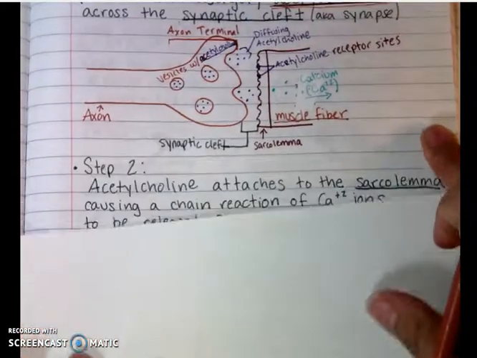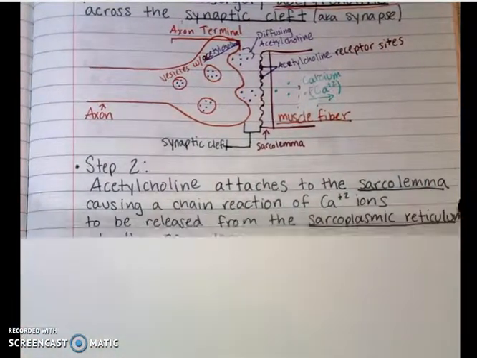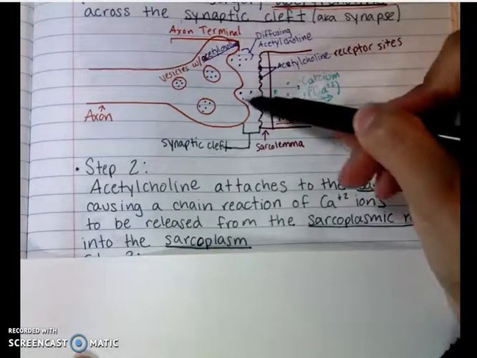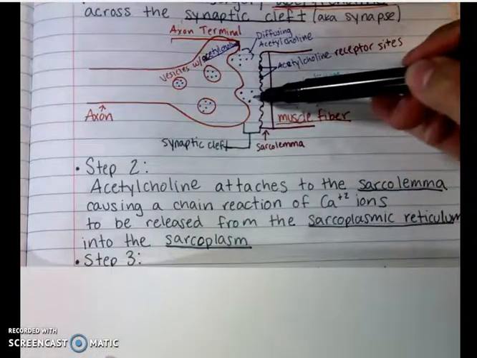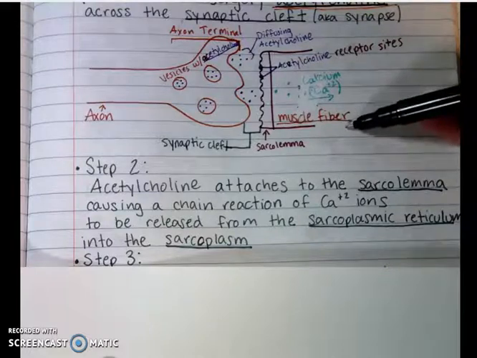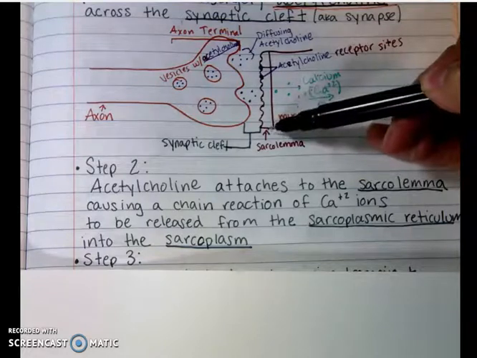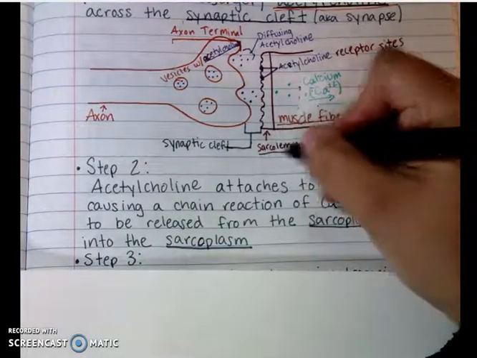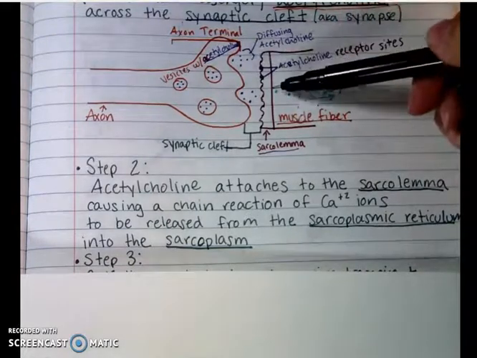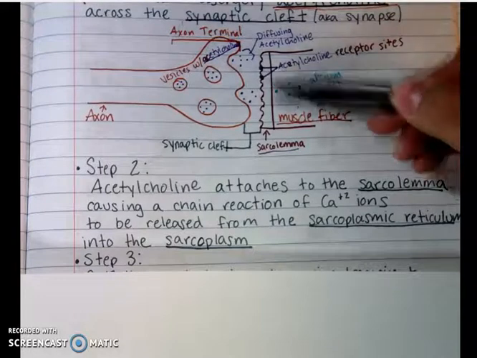That brings us to the point when it actually makes contact, and that is step number 2. In step 2, you're going to have acetylcholine, which I have shown here in purple. This neurotransmitter is going to come and attach itself to the outside of the muscle fiber, to the cell membrane. Remember, the cell membrane for muscle fibers is known as the sarcolemma. This is going to result in a chain reaction. Here we have acetylcholine, which is now attached.